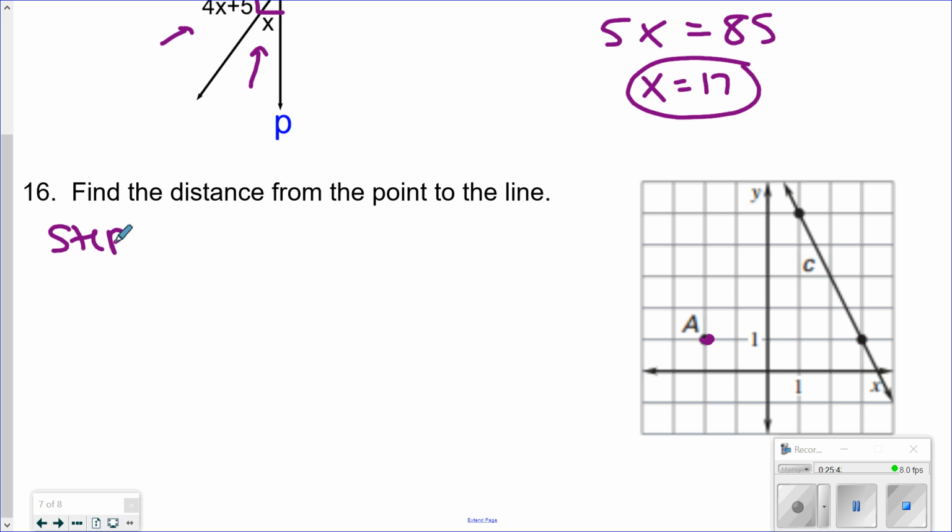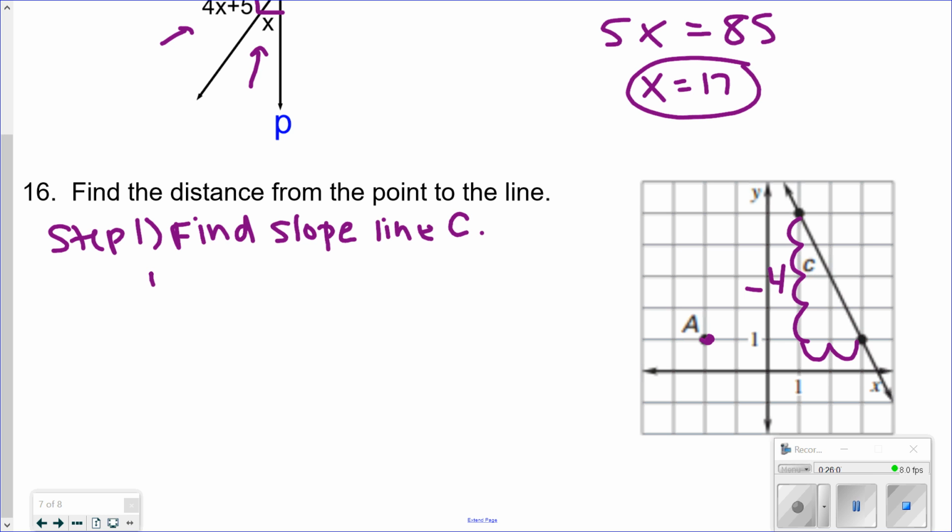I need to find the slope of line C. All right, and if I look at line C and I go down 1, 2, 3, 4, so that's a -4, and I go over 1, 2. So my slope then is -4 divided by 2, which is equal to -2.